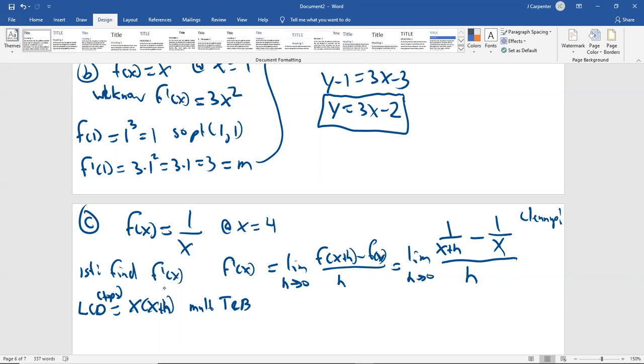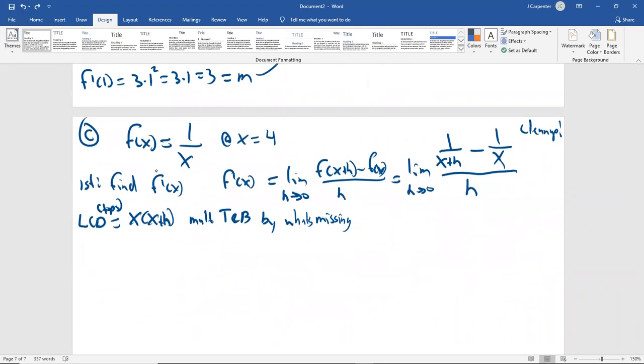Multiply top and bottom by what's missing. This guy and this guy. We're leaving the h alone. So equals the limit as h goes to 0.